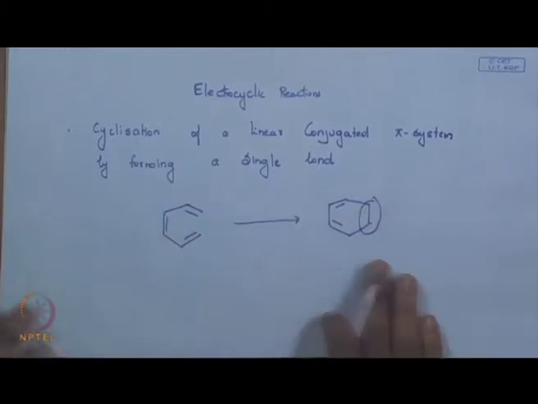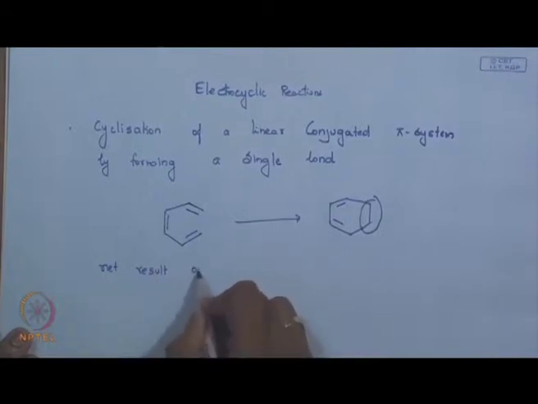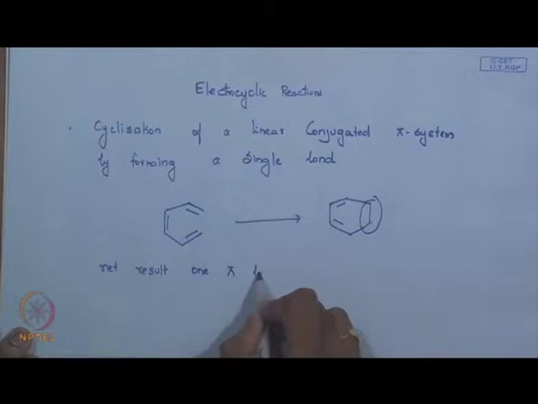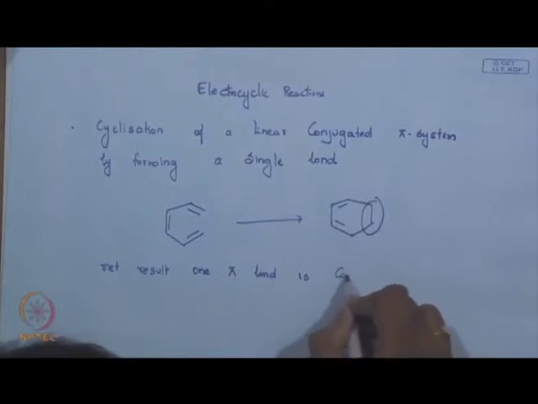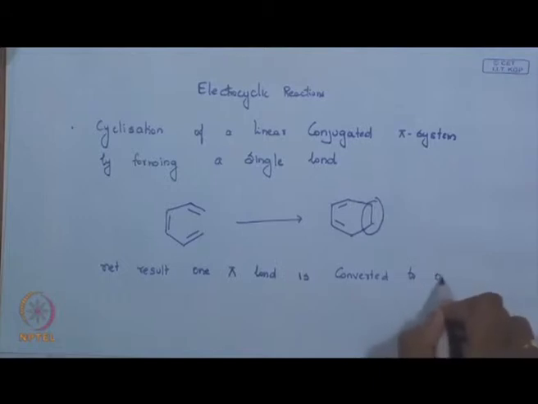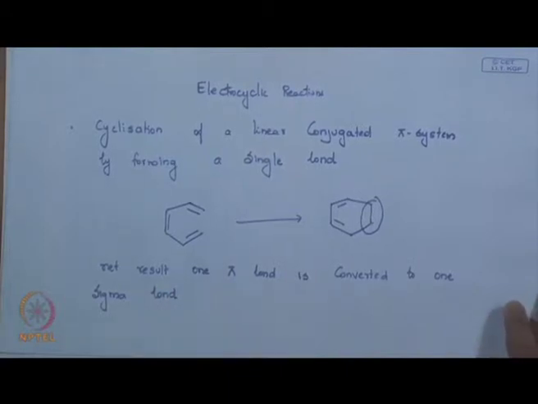So, what I mean here is, in the net result, one pi bond is converted to one sigma bond. So, that is the basic definition of an electrocyclic reaction.